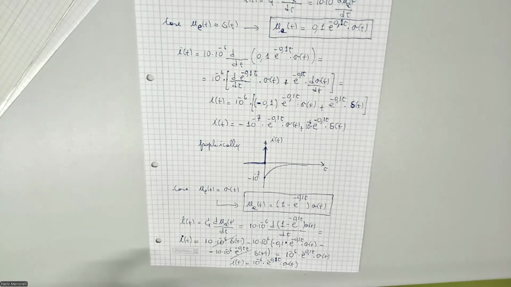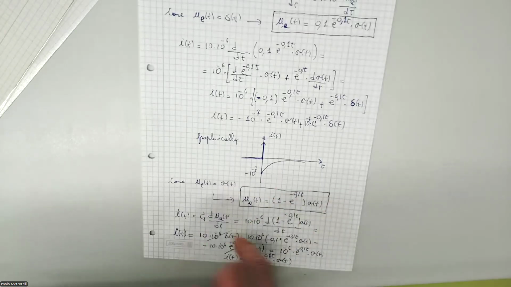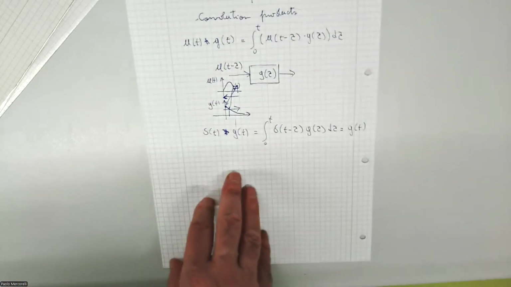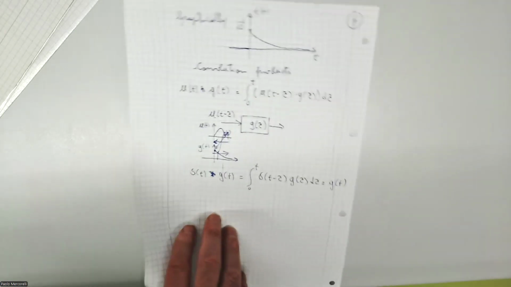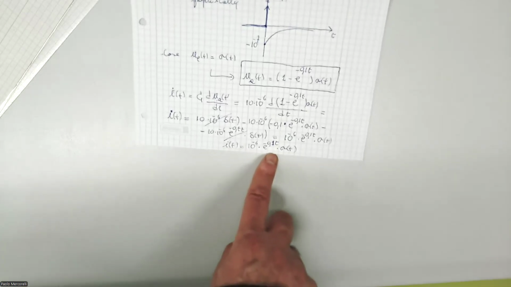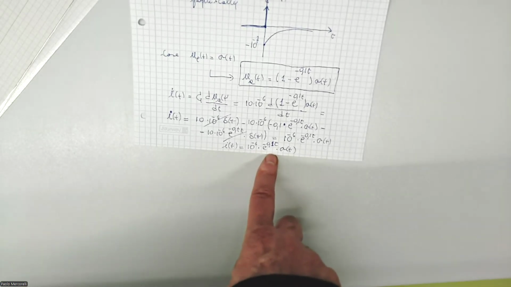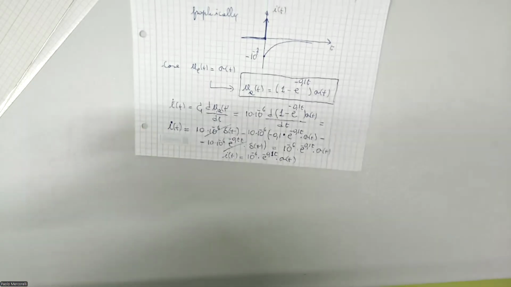The current in case of sigma, doing the same calculation but considering the output, I don't have here the graph, but we can see here.